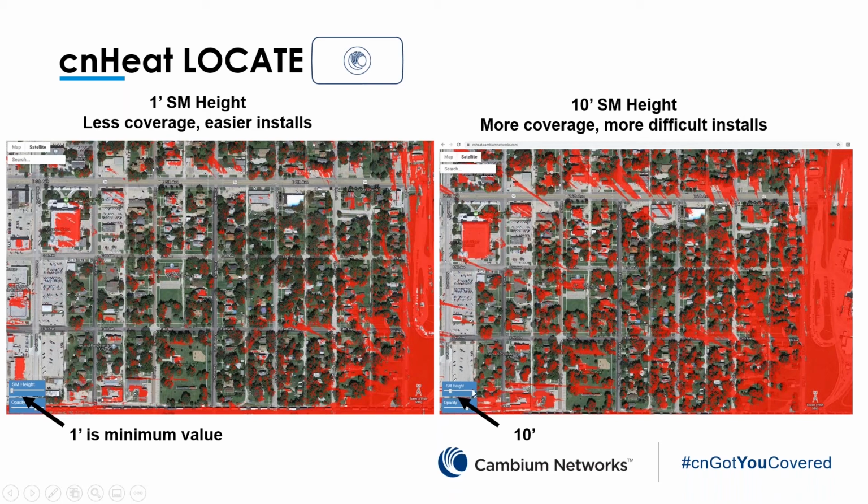And then you can keep going up the slider to 75 feet, and it might be that you start to clear some of these trees at maybe say 30 feet. And so you can tell your potential customer, we can give you service, but it would require an installation of the SM on a tower or pole at about 30 or 33 feet.